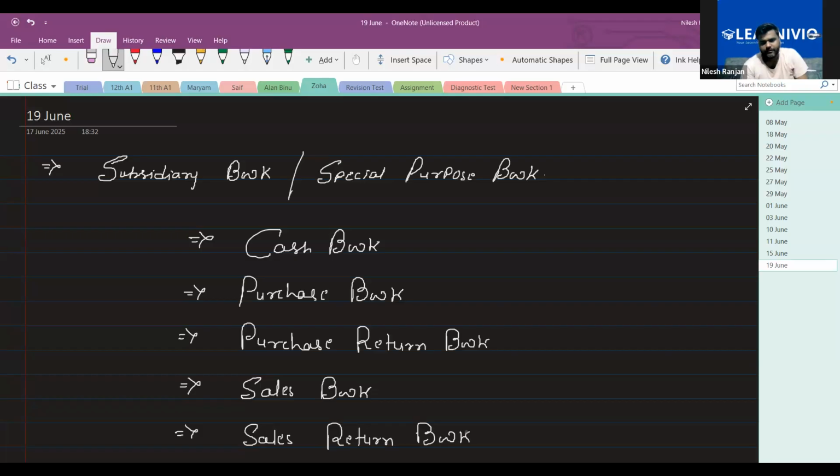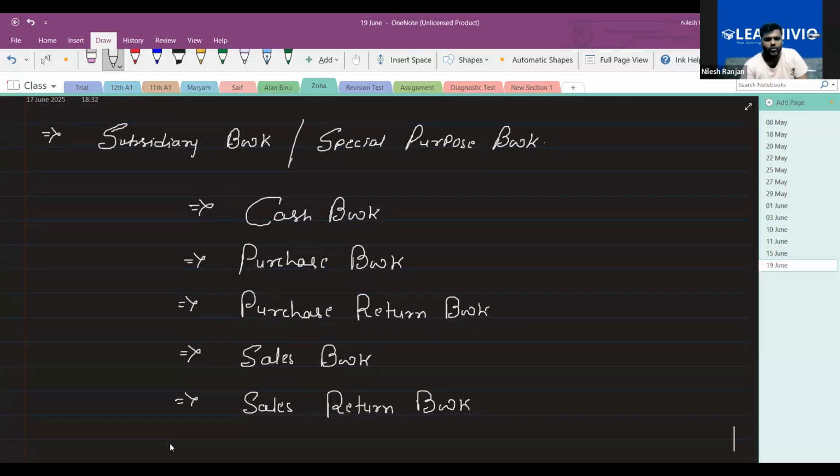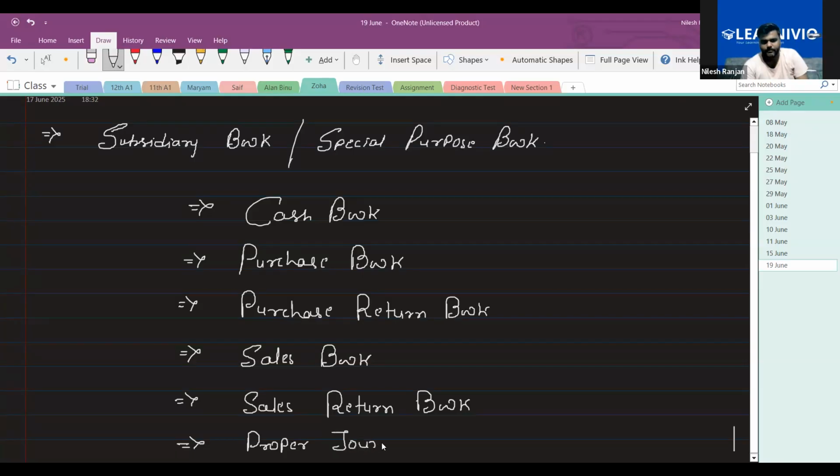These are total 5, and there is one more, which is called proper journal. So these are the 6 books which we have to study in this chapter.